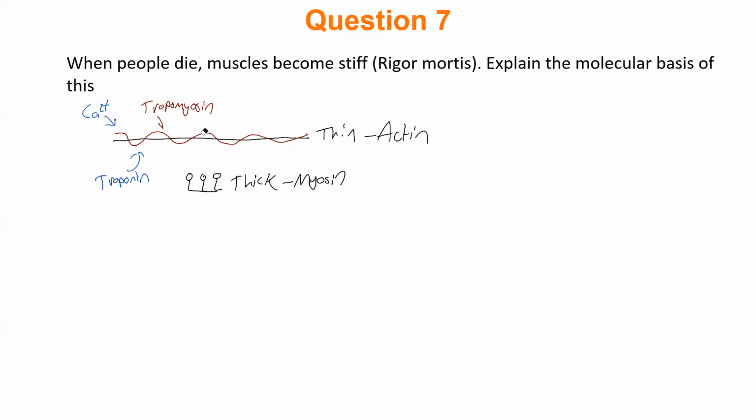And once troponin is removed, tropomyosin is then removed as well. It just falls off. And once that falls off, then myosin is free to bind because you have naked actin now. And now you can do the power stroke. So troponin and tropomyosin are mainly regulation, and calcium controls that regulation function. Does that make sense?